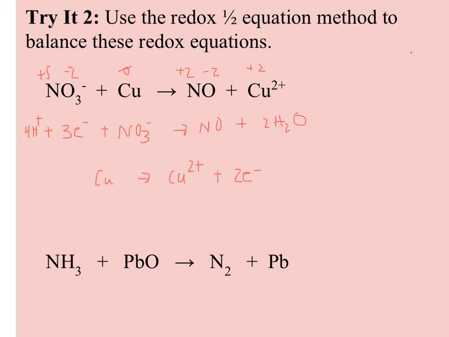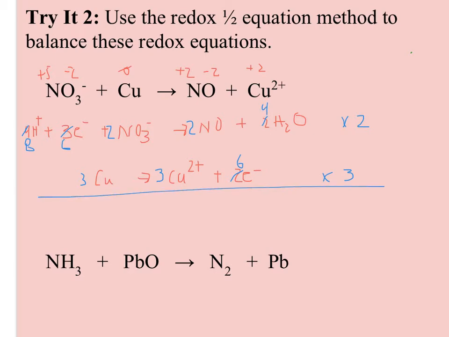Now I've got 3 electrons being gained and only 2 electrons being lost. So I'm going to have to multiply this equation by 2 and this equation by 3. So when I do that, this will become 3 Cu, 3 copper ions, and 6 electrons. Up here, this will become 8 hydrogen, 6 electrons, 2 NO3 minus, 2 NO, and 4 H2O.